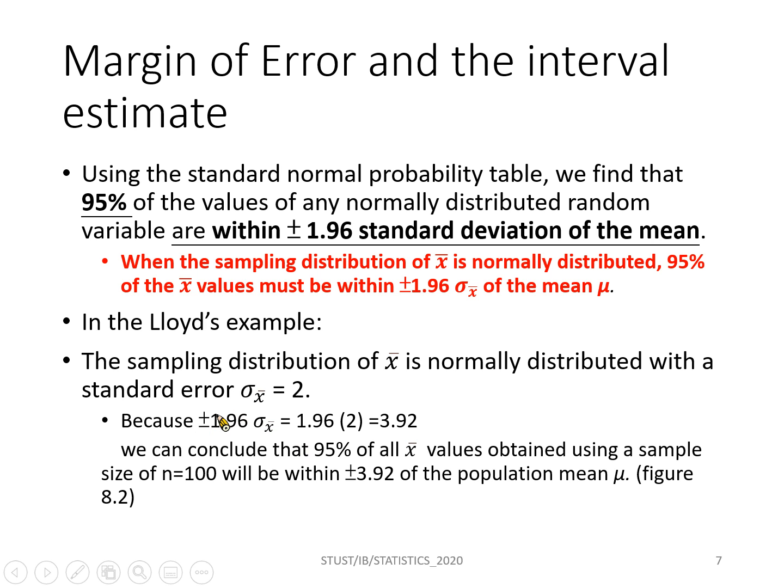So we multiply the positive and negative 1.96 z value by the standard error 2 to get 3.92. That is the margin of error for our sample of 100.